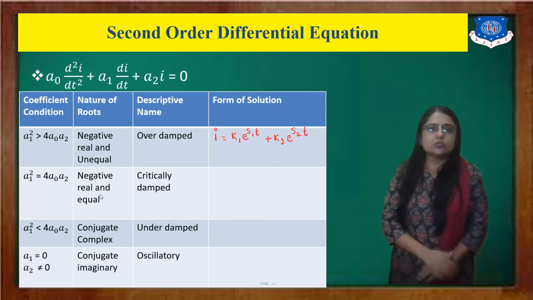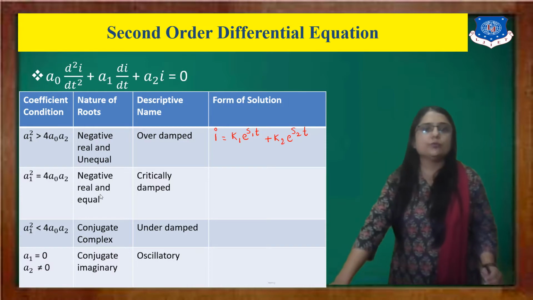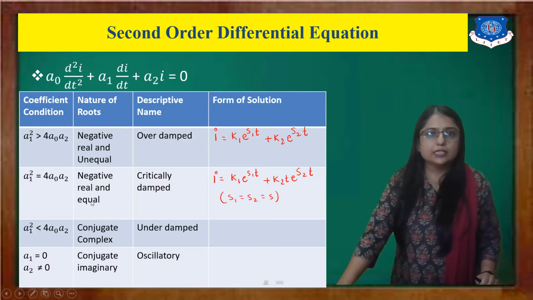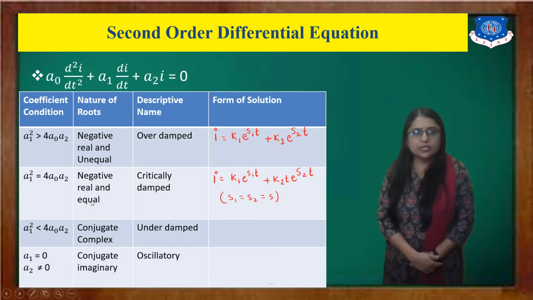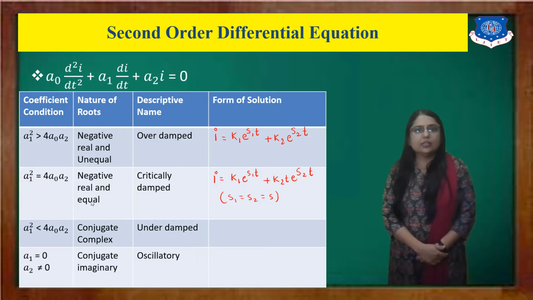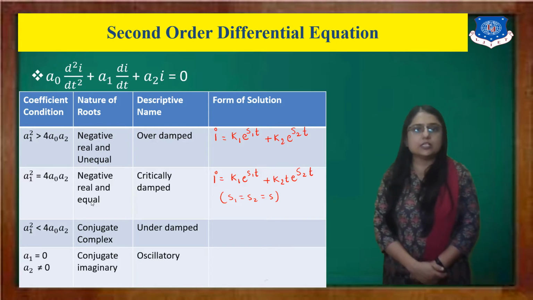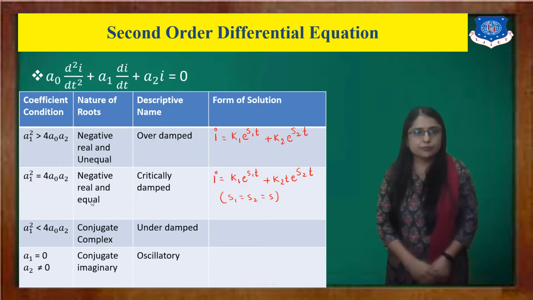The second case is A1 square equal to 4A0A2. The solution is i equal to K1 e raised to S1t plus K2 t e raised to S2t, where the values of S1 and S2 are the same.